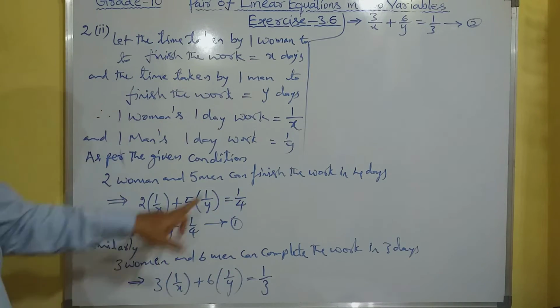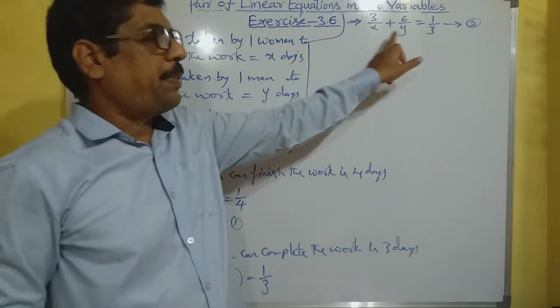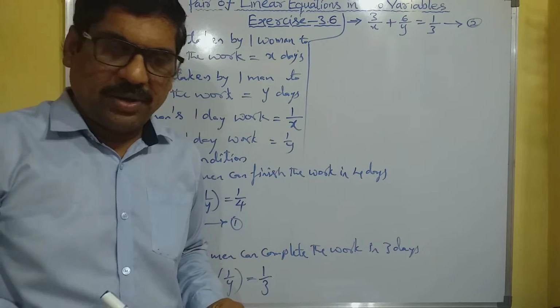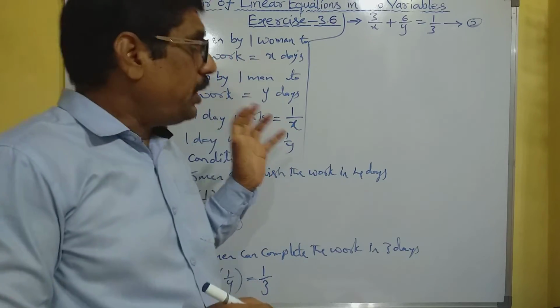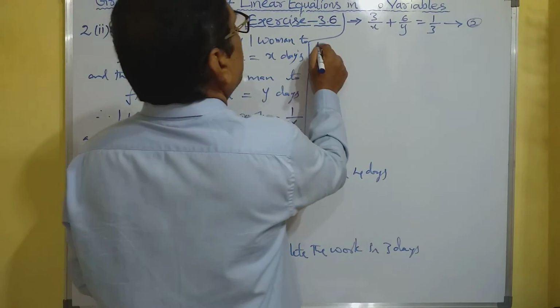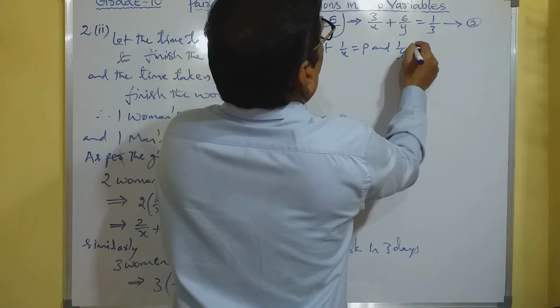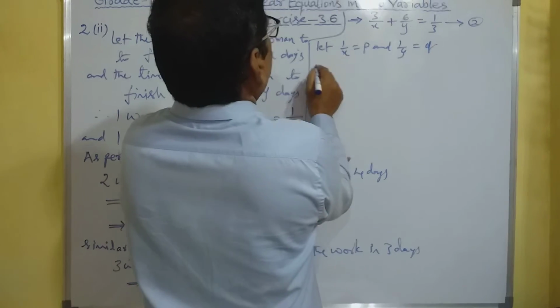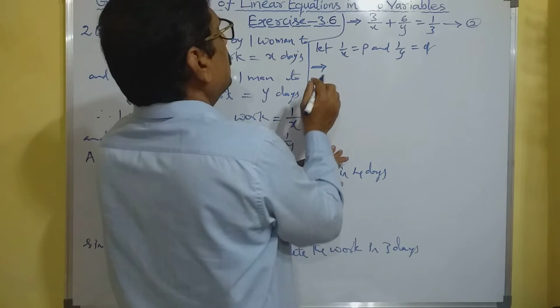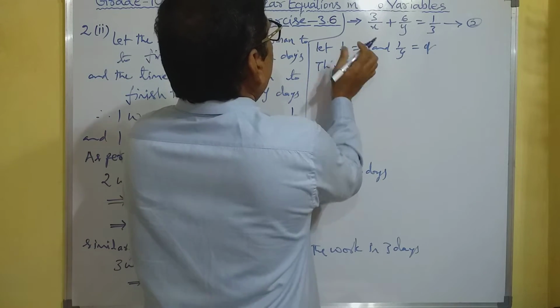Now from the first equation and second equation, observe the variables x and y are present in the denominator. Already we did this type of problem in the first Roman. Here we have to take, let 1 by x is equal to p and 1 by y is equal to q. Then what would be the equations?